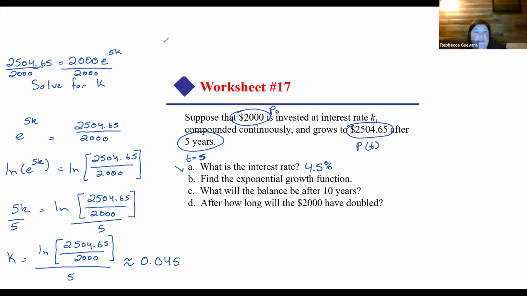Okay, so B, this was A. B just wants my formula. So P of t is actually 2,000 e, and now we have k, which is 0.045 times t. So C is just, we need P of 10.